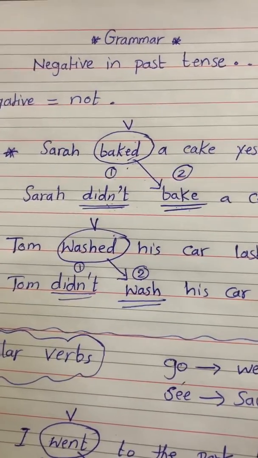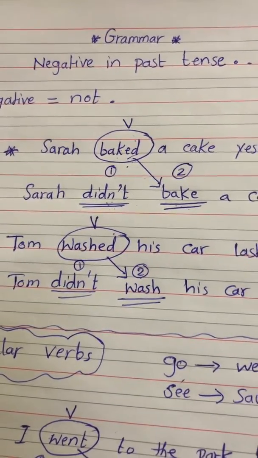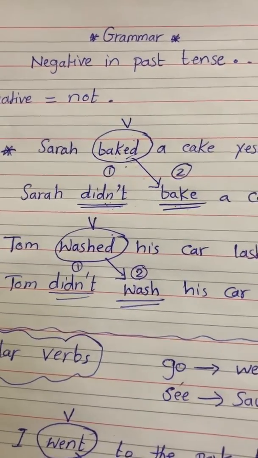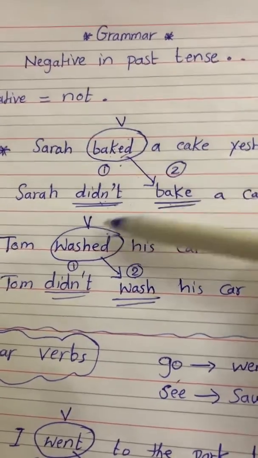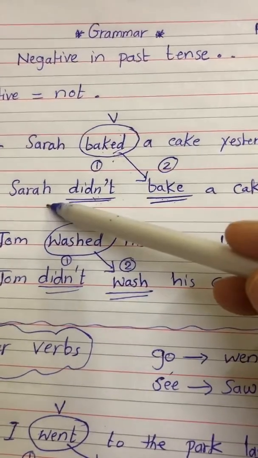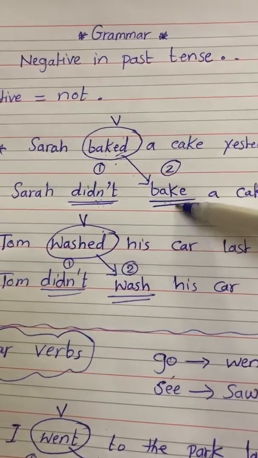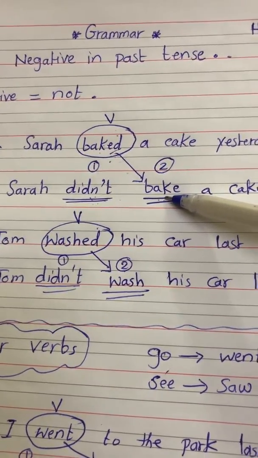If ed sees that didn't came to the sentence, it runs away from the sentence. So here, first step is to add didn't after the subject, then remove the ed from the verb.